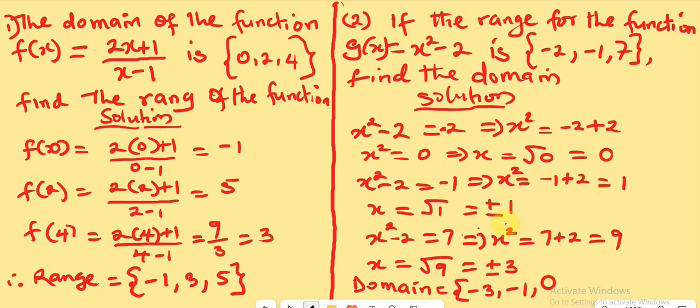Remember I have plus or minus 1 here. So after 0 you have plus 1, because these are two numbers, plus or minus 1, when you get the square root of 1. The next one after 1 is going to be plus 3. Remember we have plus or minus 3 here. So this is the set of numbers that will give you this range when used in this function. Thank you for watching.